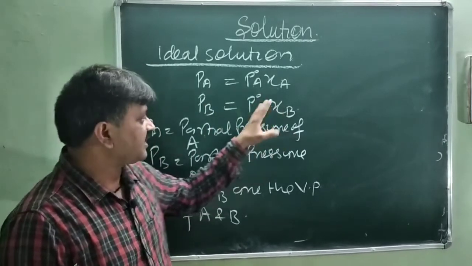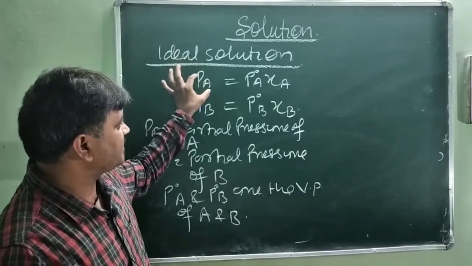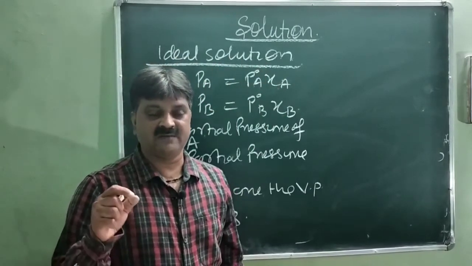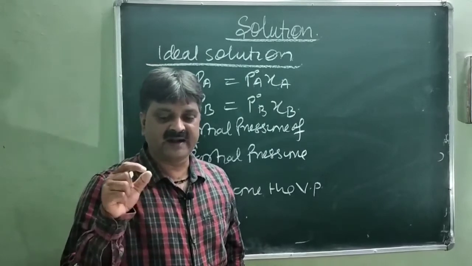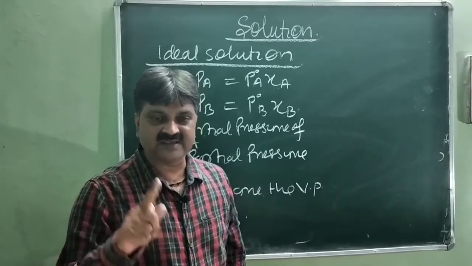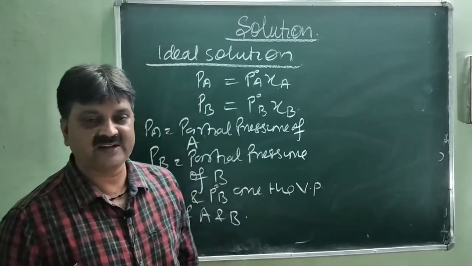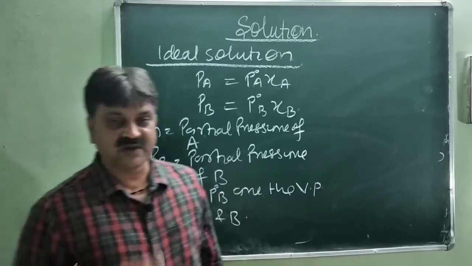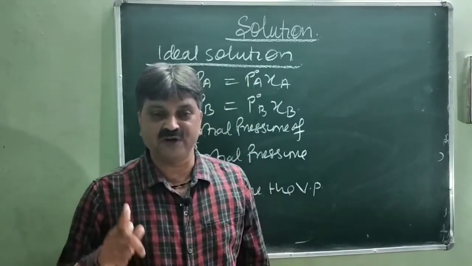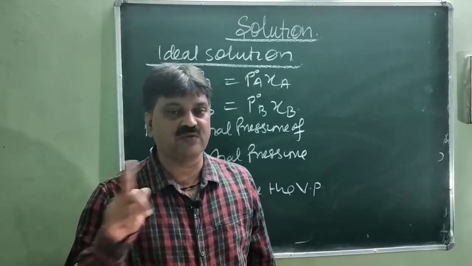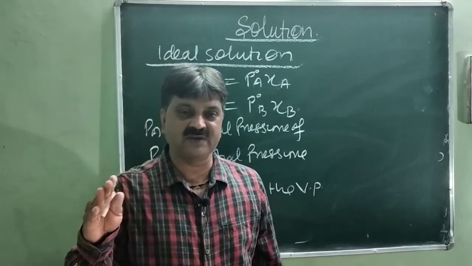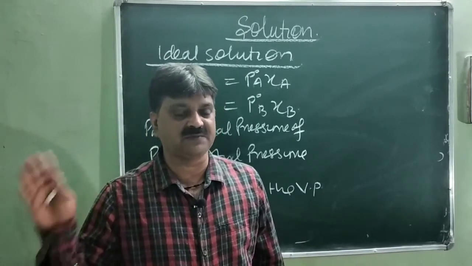When we plot a graph between the partial vapor pressure and the mole fractions, between P naught A and XA, we get a straight line reaching P naught A at the point where XA becomes 1. Similarly, we also get a straight line for P naught B where XB is equal to 1. And between these, the total pressure becomes P is equal to PA plus PB.